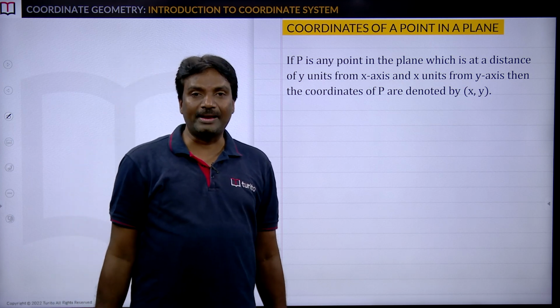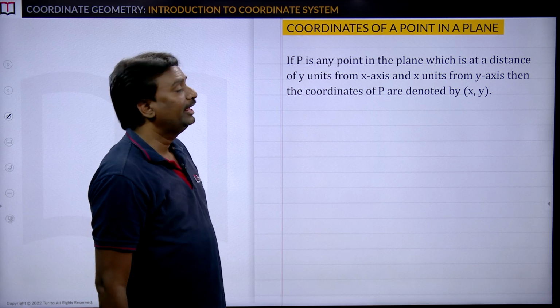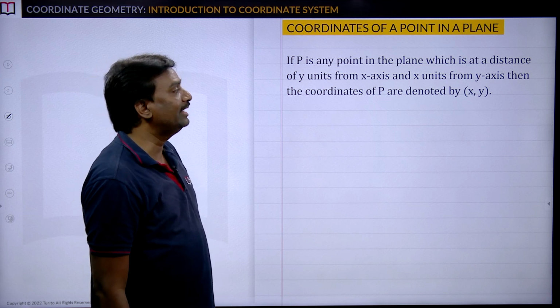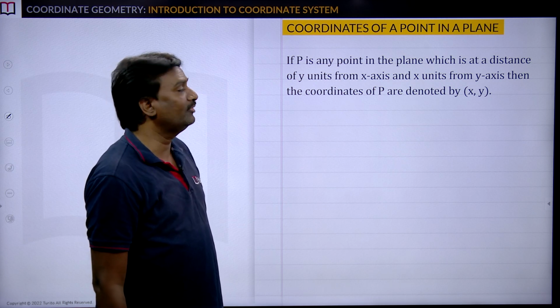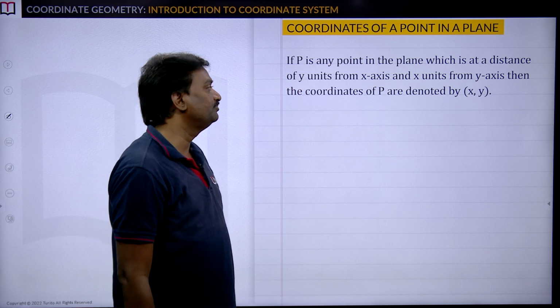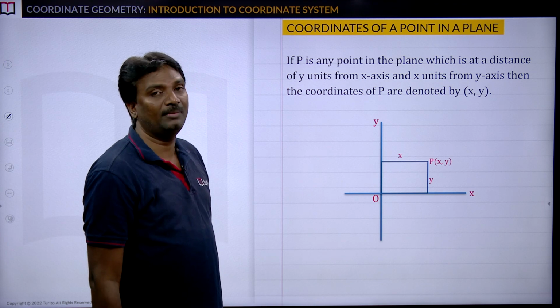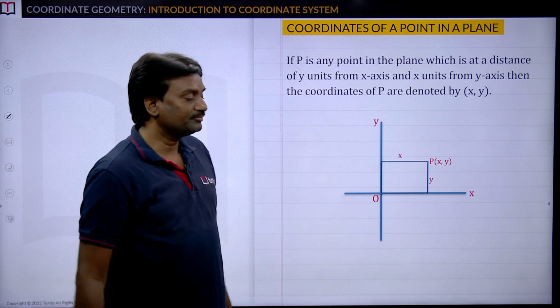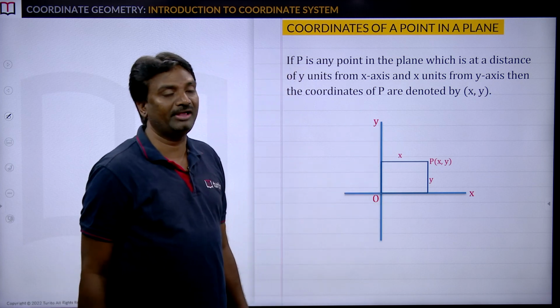According to those numbers, we have to take one point on the coordinate plane. So by observing this figure, here we have the origin, this is the x-axis and this is the y-axis.